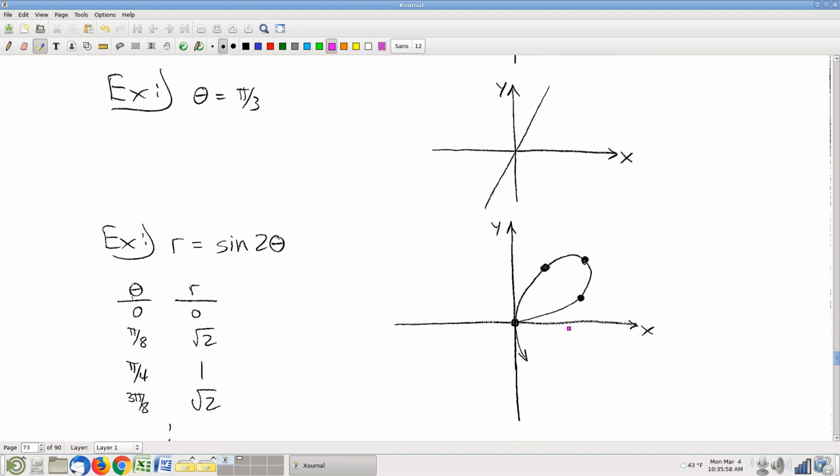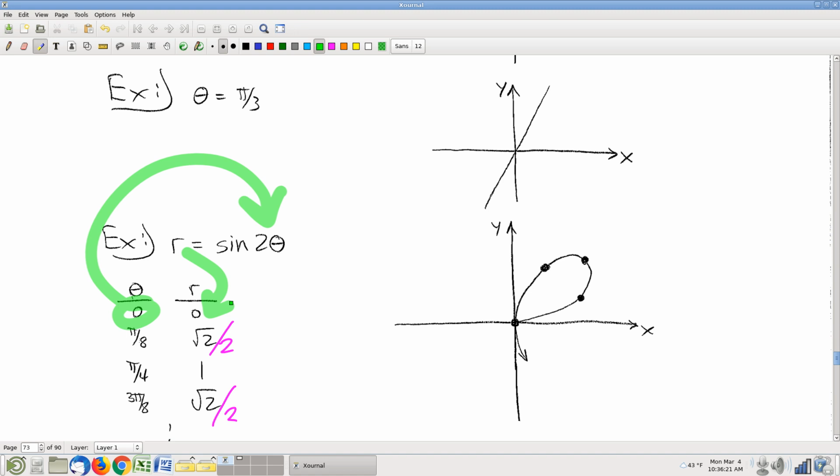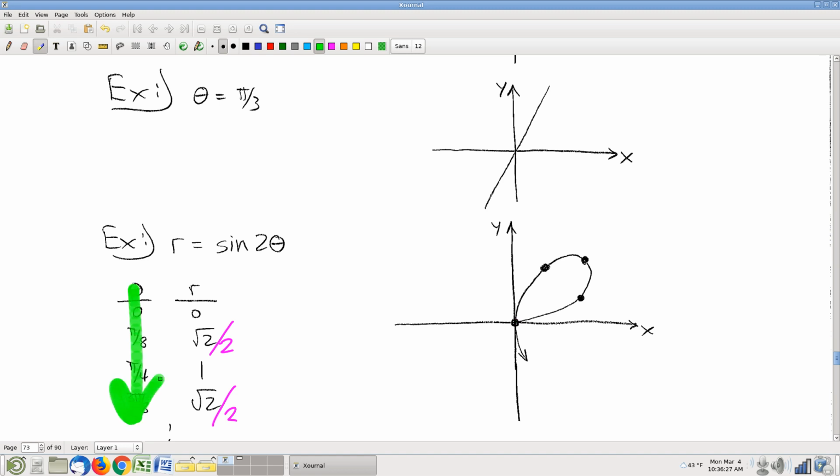Sometimes it's a little bit weird. I did notice some typos in here this morning, so by the way, please make those corrections. That should be square root of 2 over 2. That should be square root of 2 over 2. That said, you can start plotting points and plug in theta equals 0. That gives you r equals 0, and that gives you that point. And then keep going, keep increasing your value of theta.